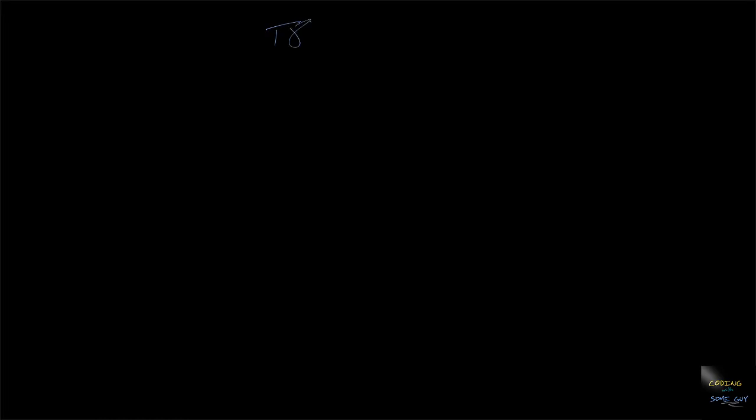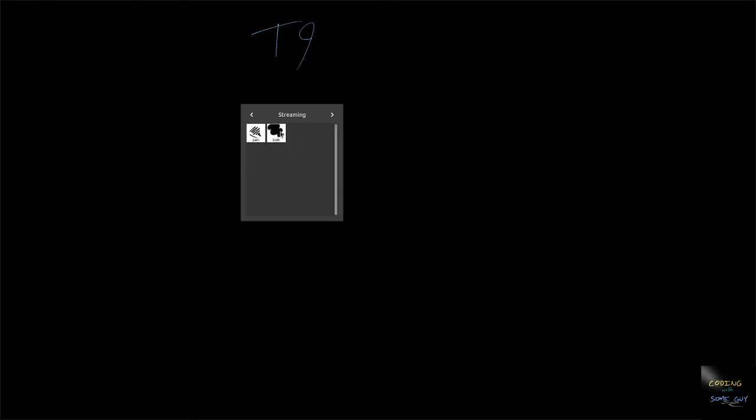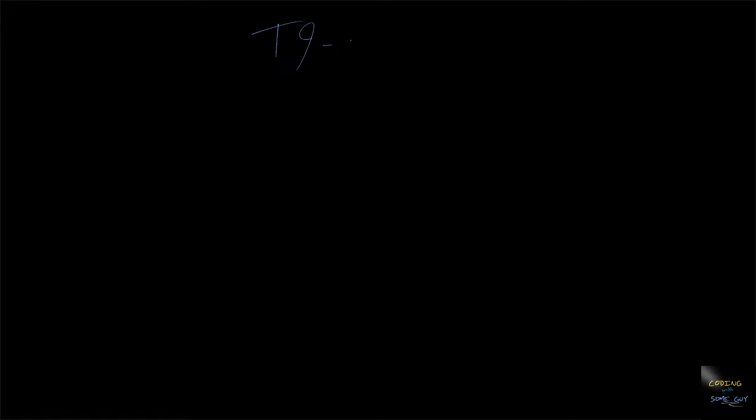All right, wait, we're not doing topic 8, we're doing topic 9. Why do I have this super crappy brush? I just did an OS upgrade and my brushes are all over the place. That's my streaming pen. Is that still readable or is it impossible?